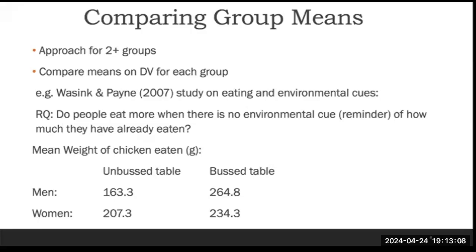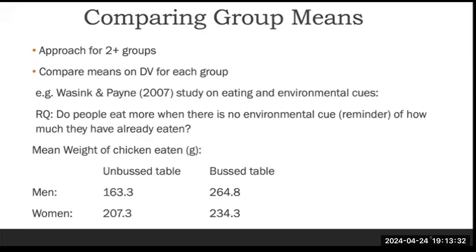So for example, in that study with MetLife, with the parents, students, and teachers, if we had interval or ratio scale data, we could compare the group means, but we didn't. We only had nominal scale data, and so we were only looking at frequencies. So when you compare group means, you're looking at the means of the dependent variable for each group.